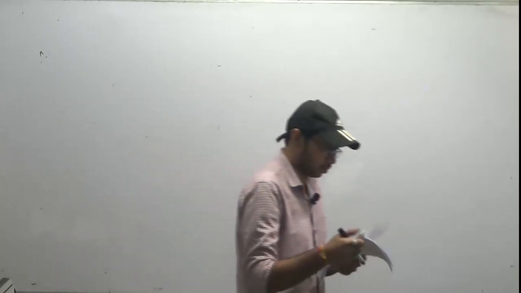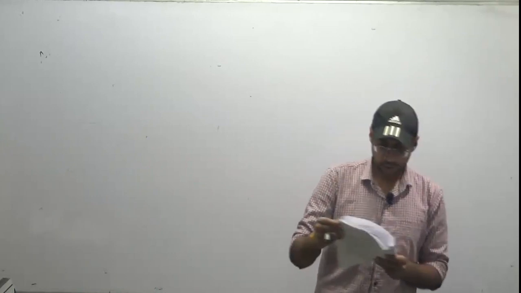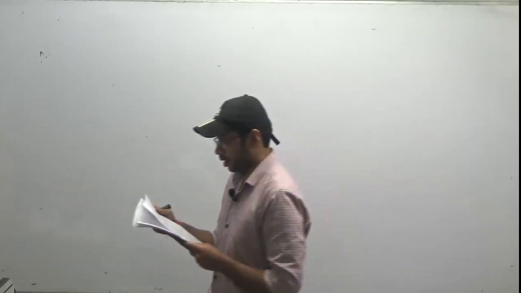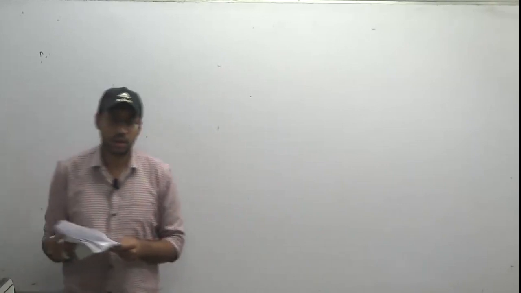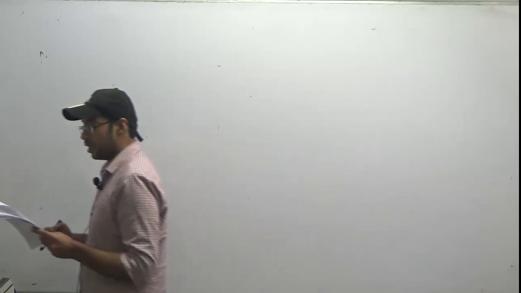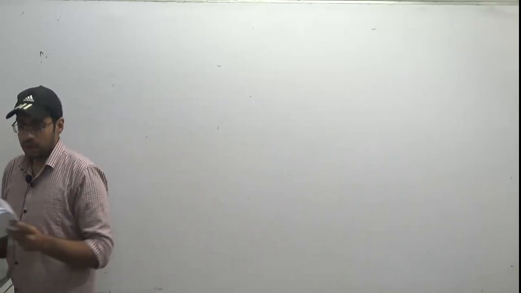Question number 2 is related to PDC. They are saying a proportional plus derivative controller, that is, a PD controller. The options given are: has high sensitivity, increases the stability of the system, improves the steady state accuracy.